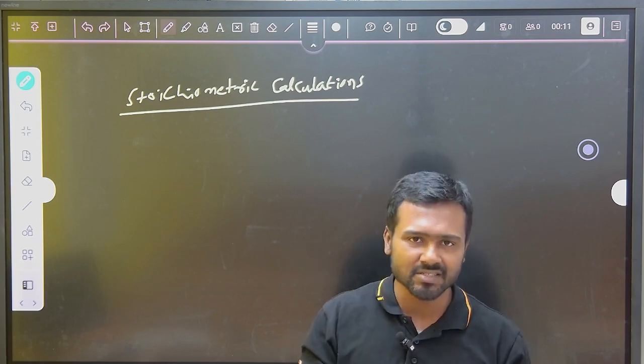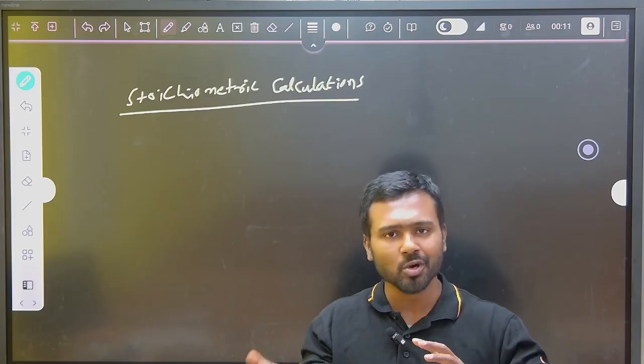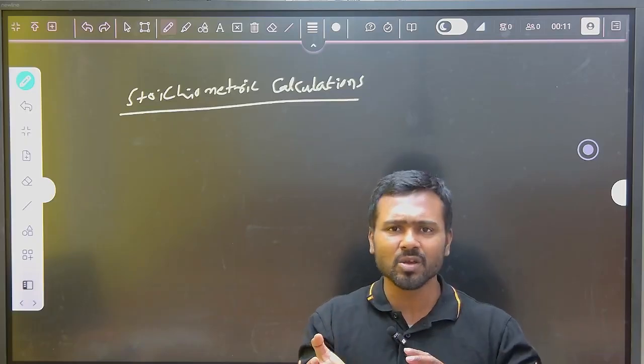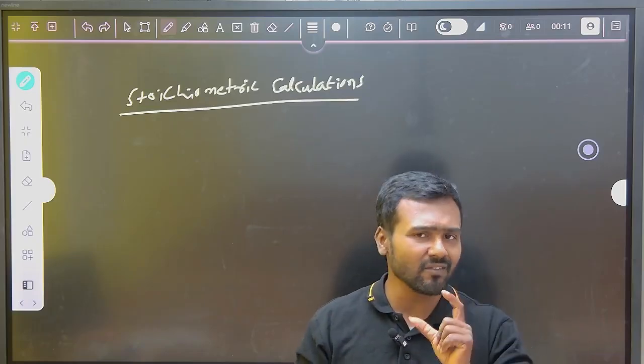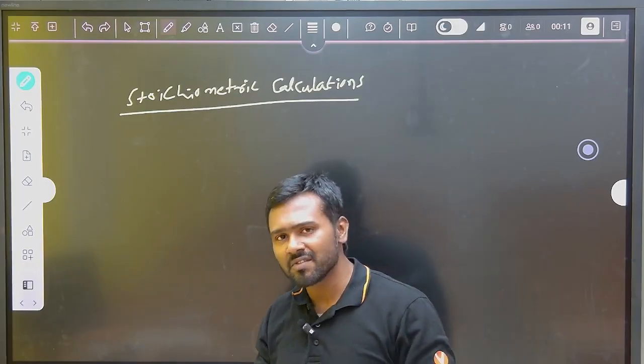All those calculations, mole-weight, mole-volume, weight-volume, weight-moles, are interrelated here.